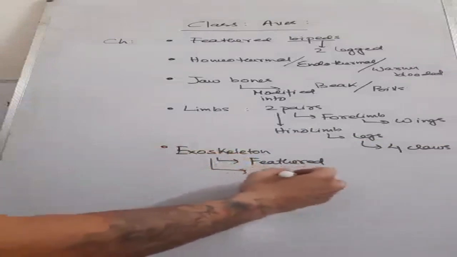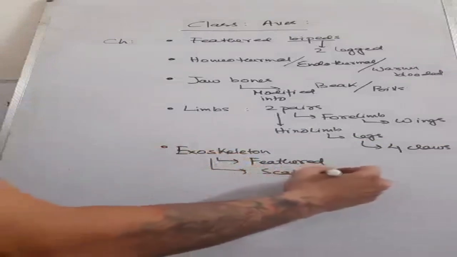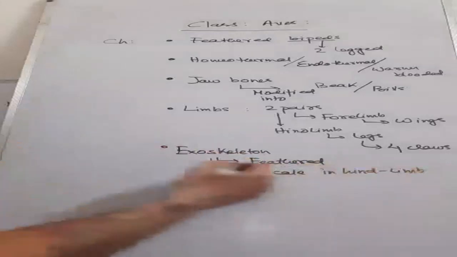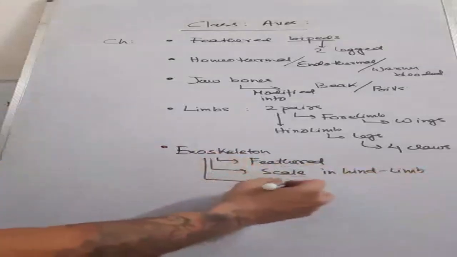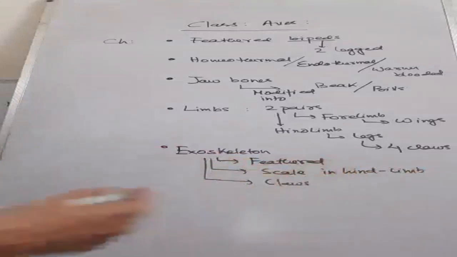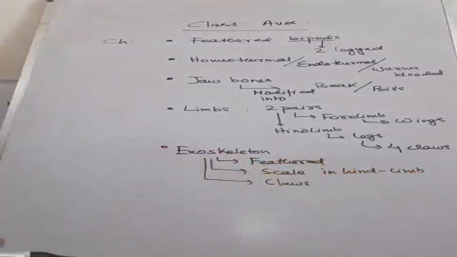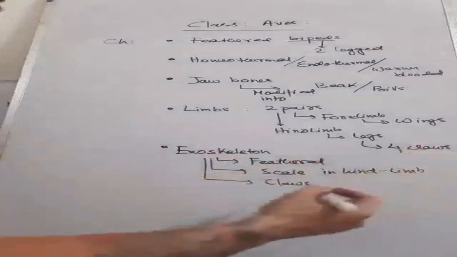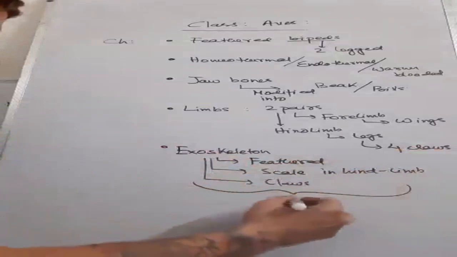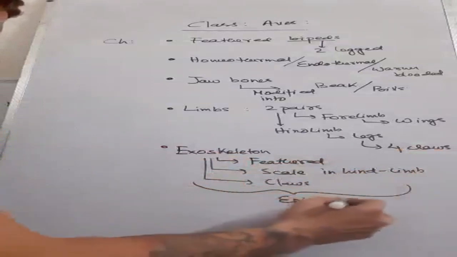Feathers, scales in the hind limb, and claws. All these features, feathers, scales, claws, are epidermal derivatives. They come from the epidermis.